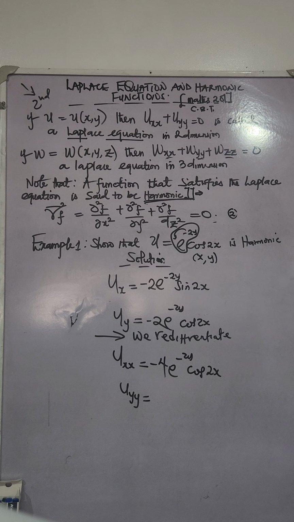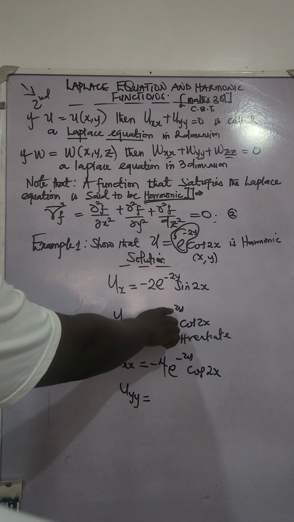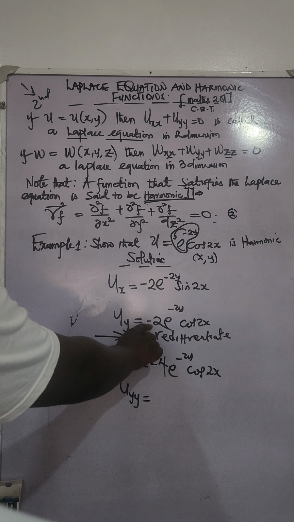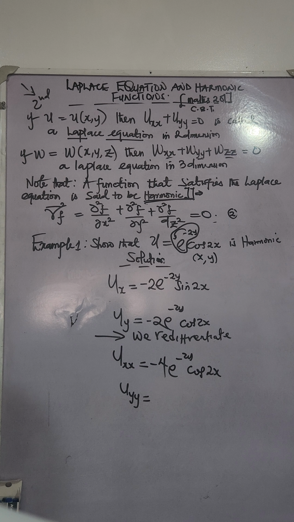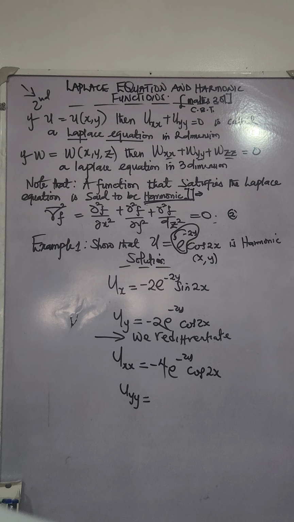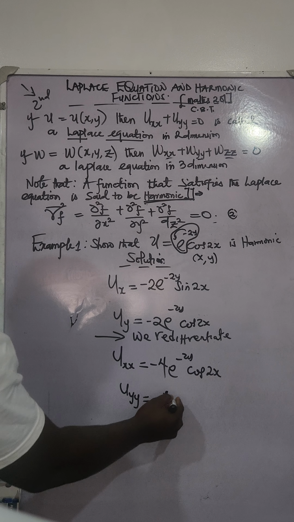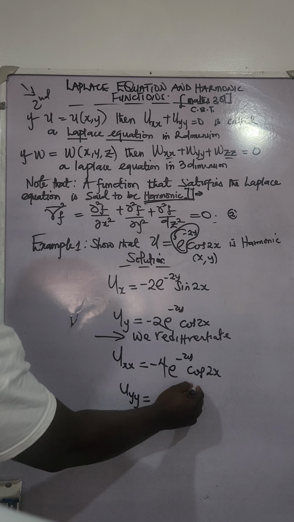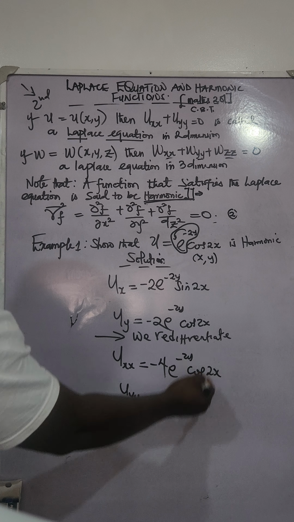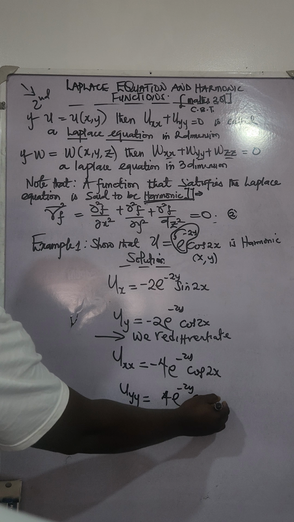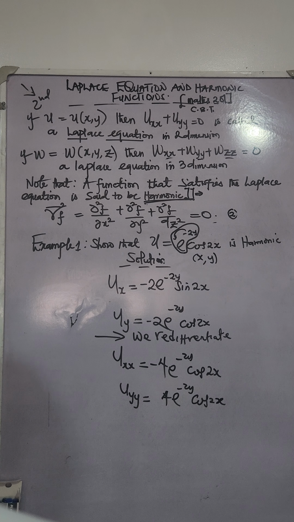That should be 4. So we have 4 e to the power of minus 2y, and then we multiply by what we see there, cos of 2x.